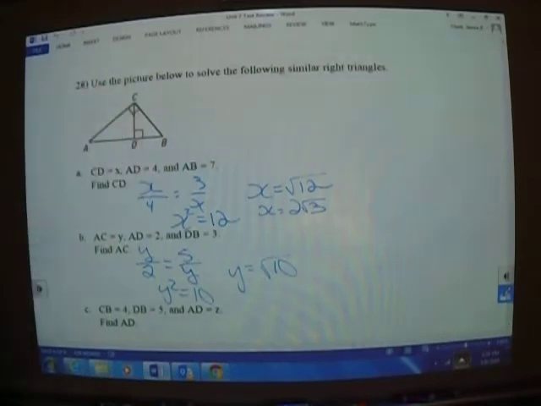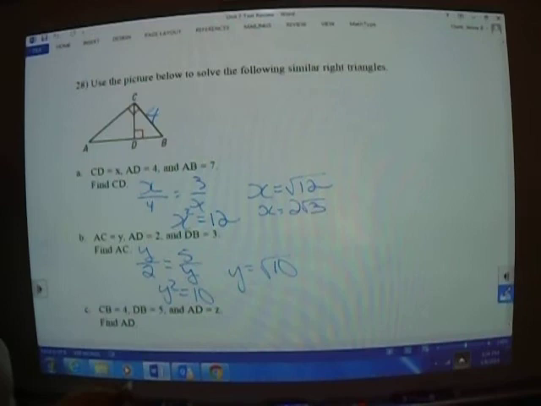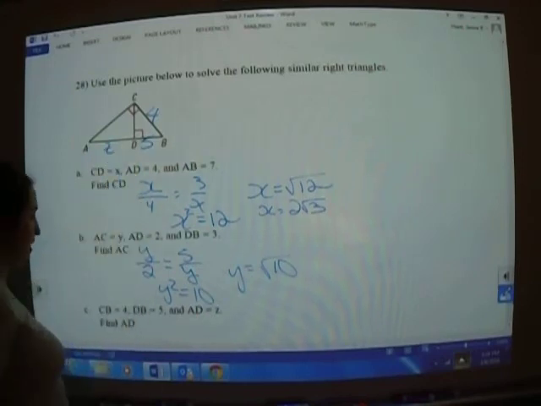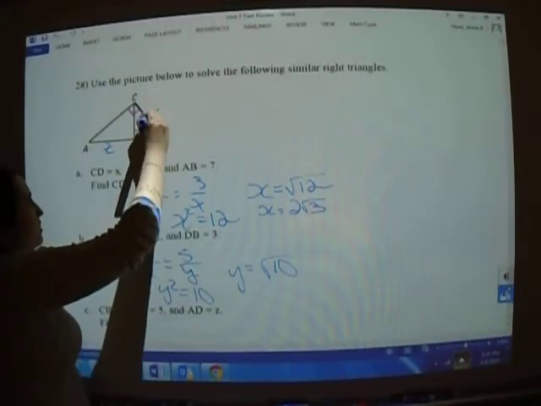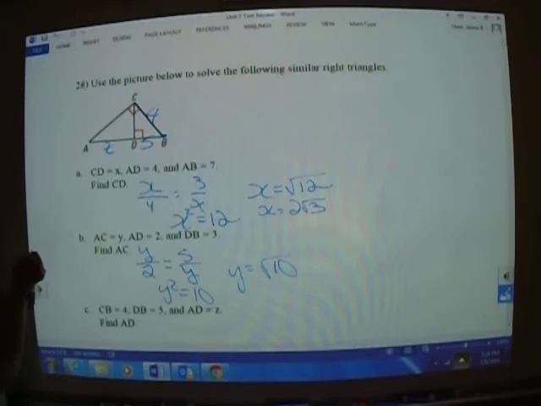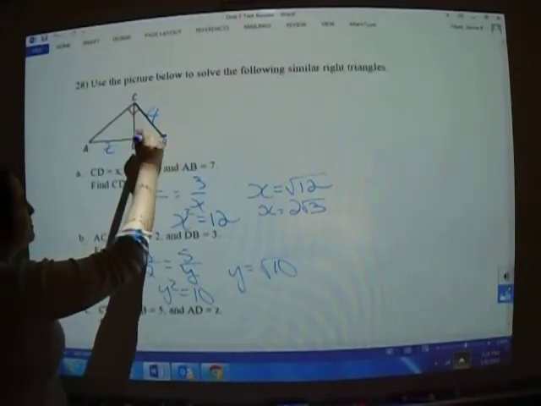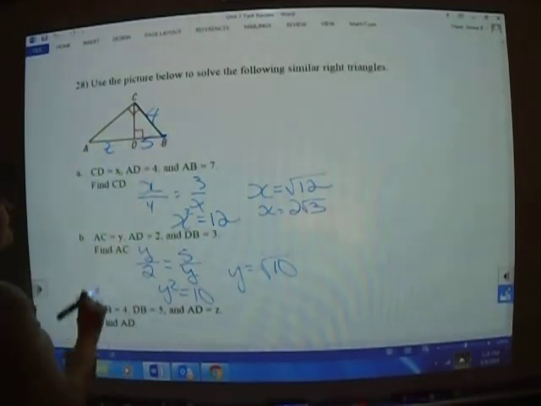we have CB equals 4, DB equals 5, and AD equals Z. So we need to find Z, or AD. The way that we would do this, we would use this leg, because that's marked, and note that it shares a vertex with DB and AB.